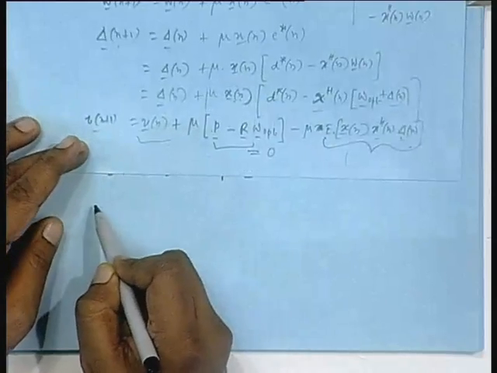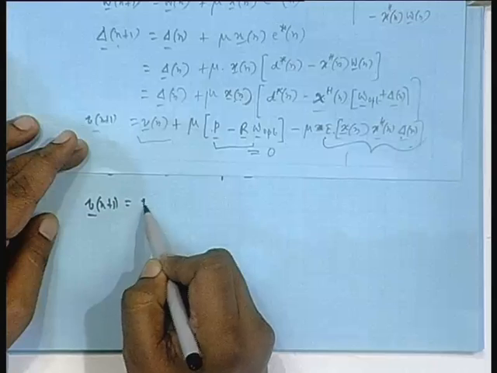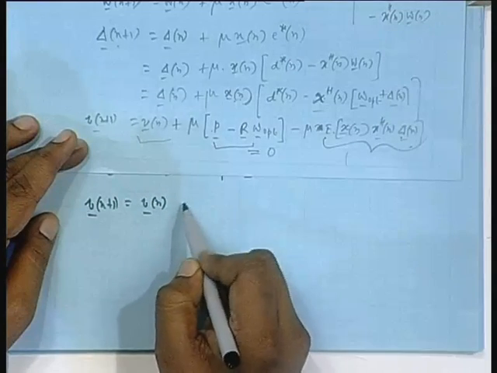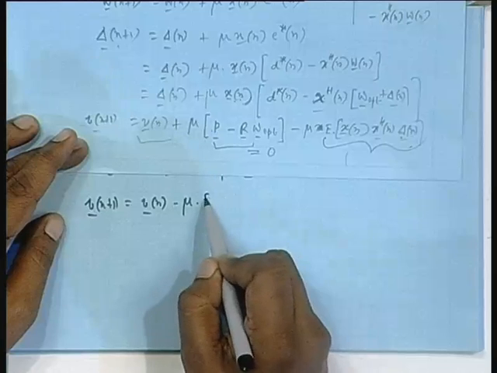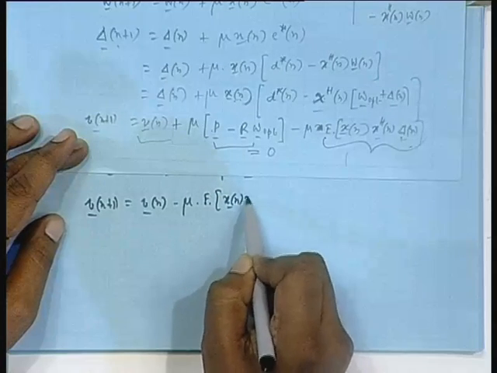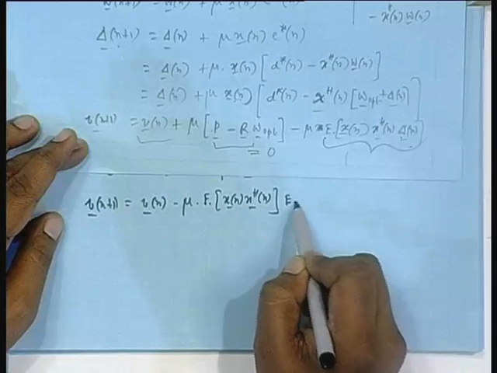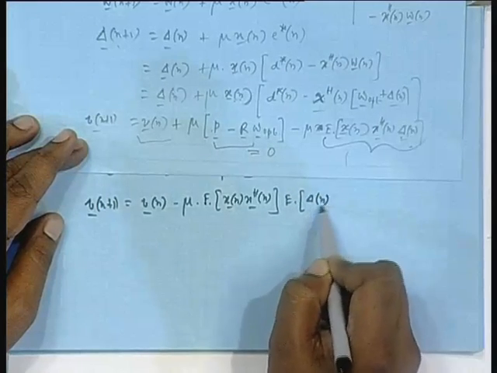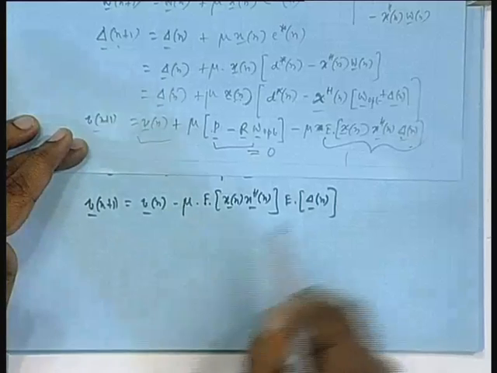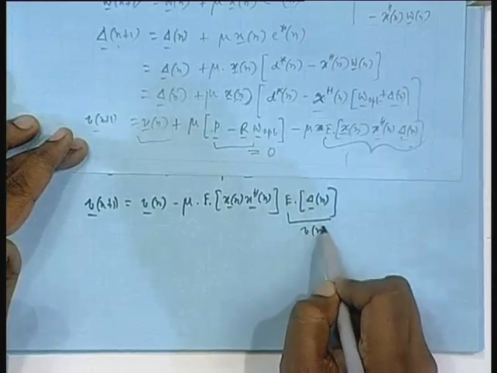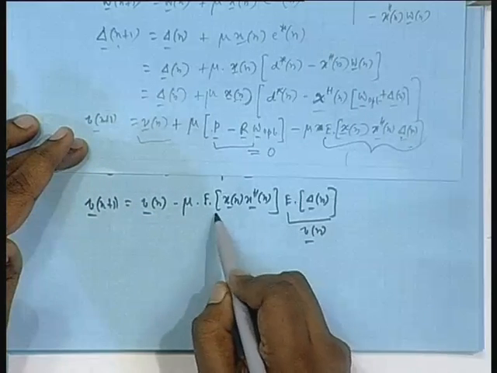That is, you can write V n plus 1 equals V n minus mu, and this quantity is the same as V n, and what is this?